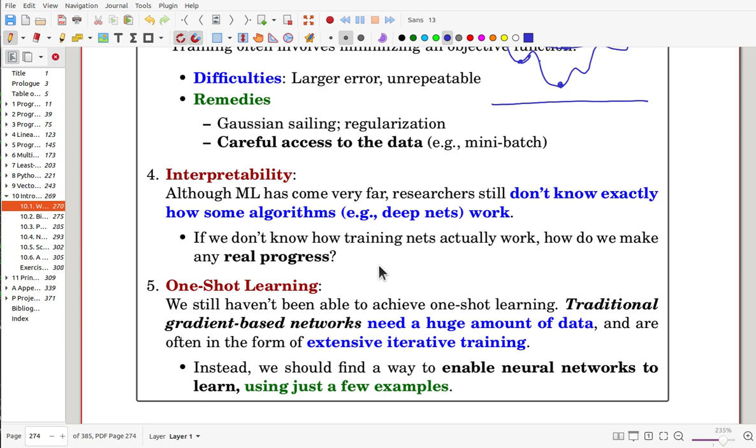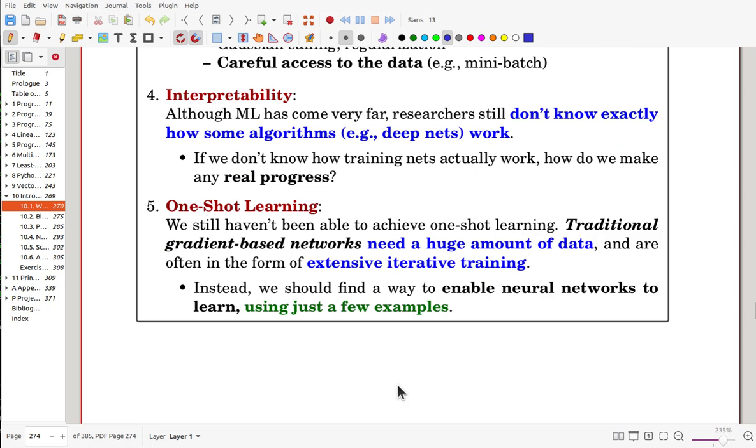We have to understand and be able to explain our algorithm, so that we can modify it and overcome drawbacks to get better algorithms. So interpretability is a hard issue. In modern terms, it is called explainable AI, XAI. That is a hot topic in the current machine learning society.